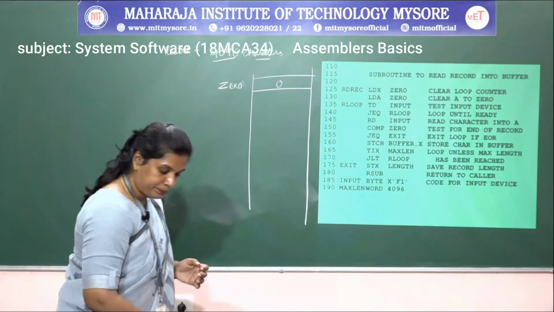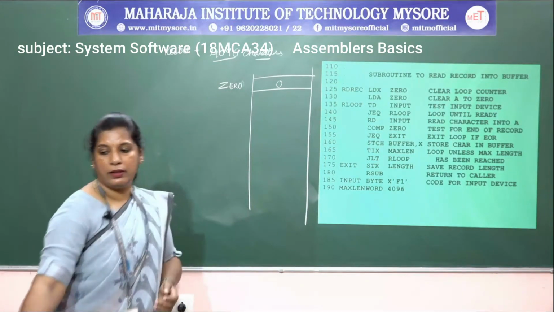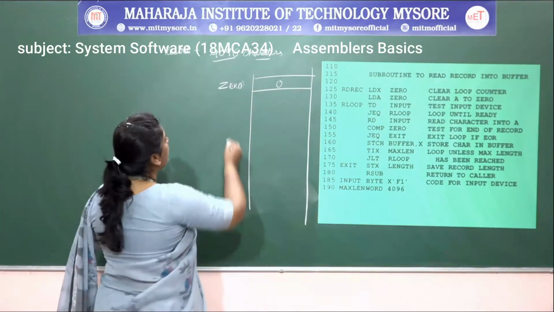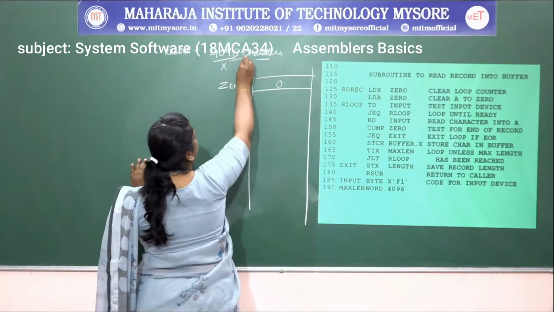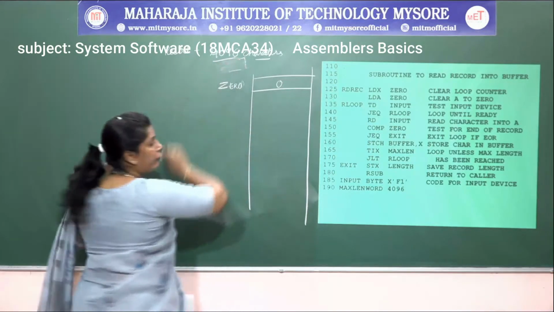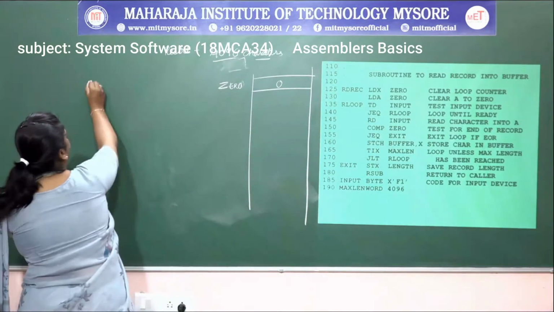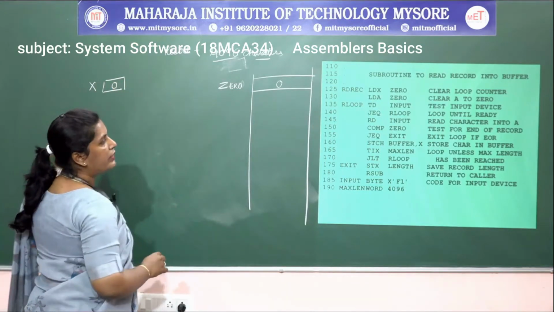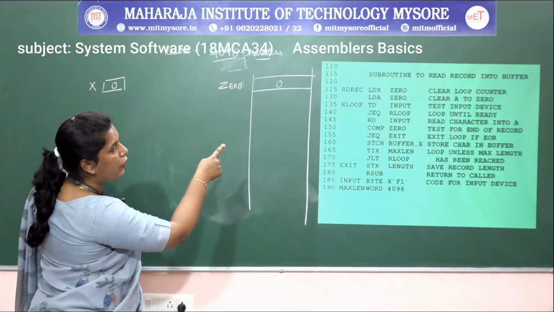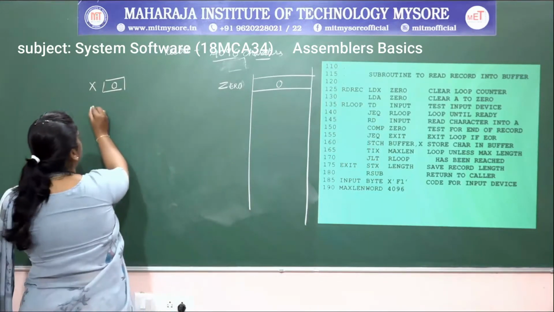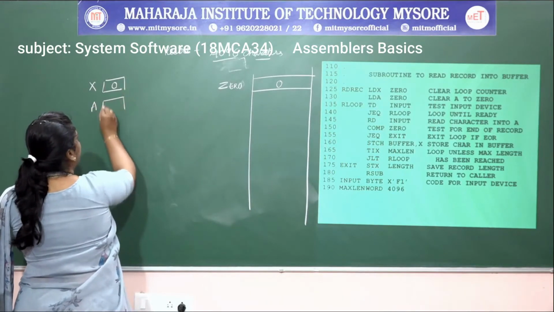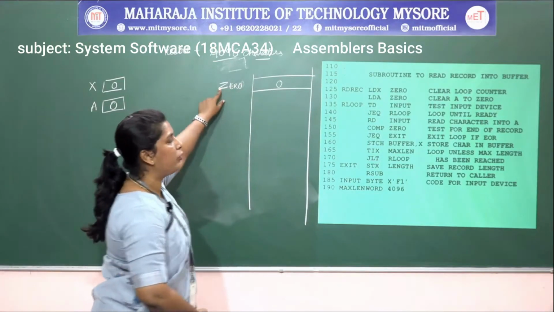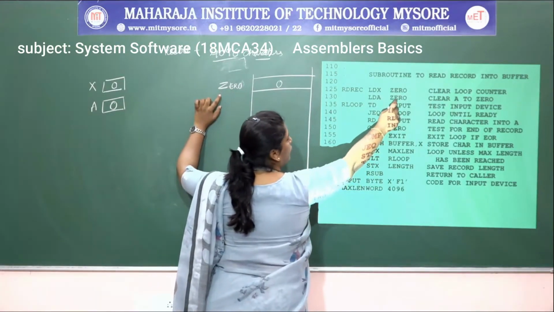I'll explain later why we have to convert to hexadecimal here. So the index register value is now initialized to 0. Again, what is the next statement in that subroutine? Load accumulator with 0, so the accumulator is also initialized with 0. The value present in the 0 memory location. 0 is nothing but a memory location name.